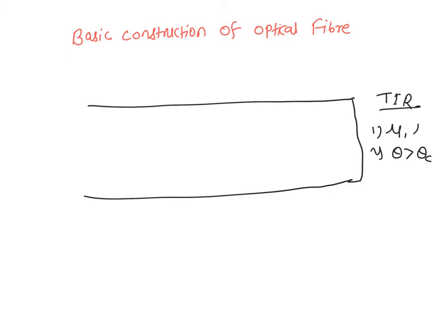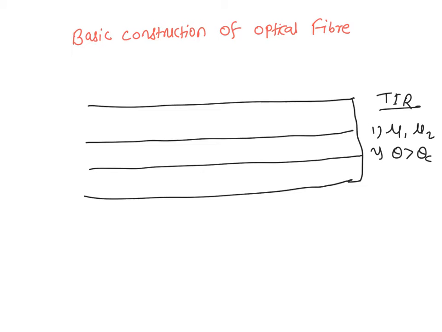Let us consider two different materials. The first one, the inner part of optical fiber, is called the core. Let its refractive index be mu1. The second one, the outer part, is called the cladding. Let its refractive index be mu2.